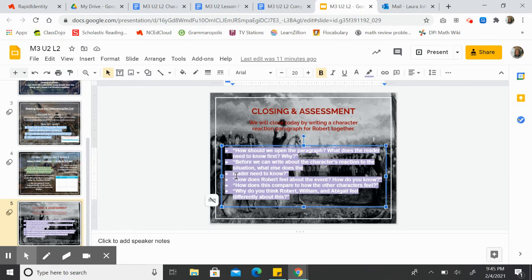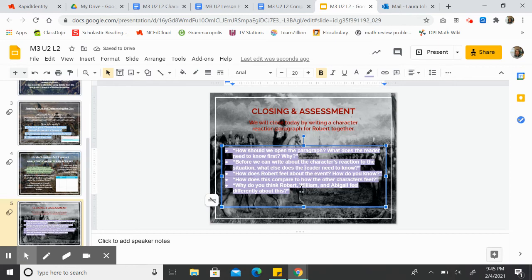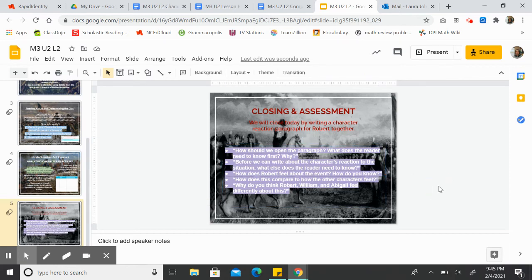Like that. The reader. And how does Robert feel about the event and how do we know that? And how does it compare to how the other characters feel? All right. So in class, we're going to be writing this together.